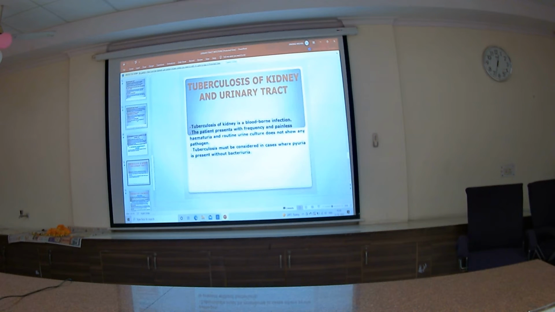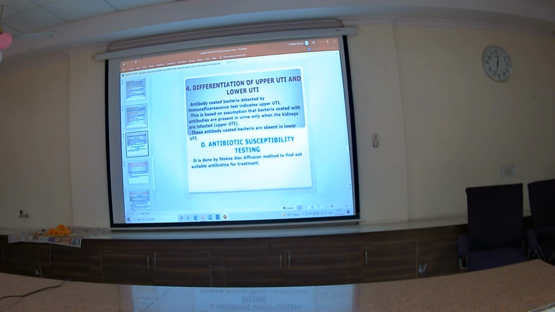Further, antibiotic susceptibility testing is also done by Stokes disc diffusion method. This process is helpful in finding out a suitable antibiotic for treatment.